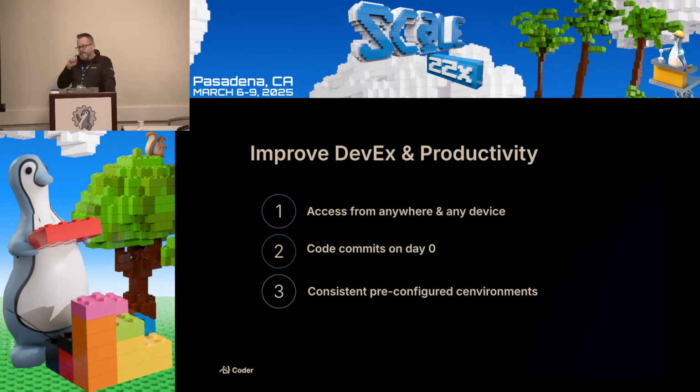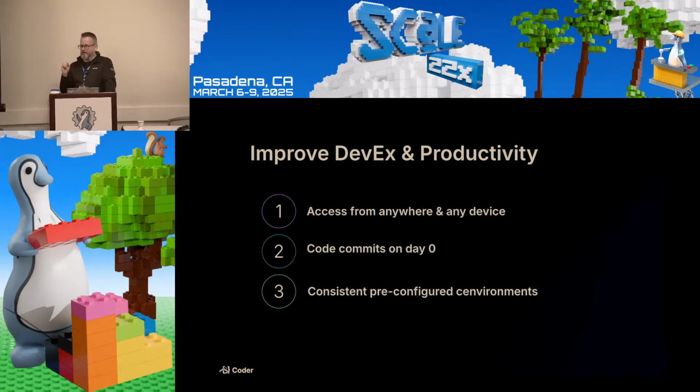So the way that these can improve DevX and productivity, like I said, they can access from anywhere on any device. As I said, they don't have to have a specialized workstation. Any laptop will do. They can commit their code on day 0. We have one fintech company that had a 3-week onboarding process, and now the very first step in their developer onboarding guide is log into Coder and create a commit in like the hello file, right?